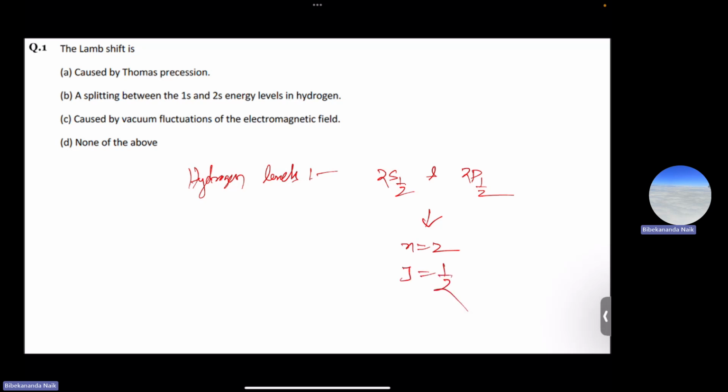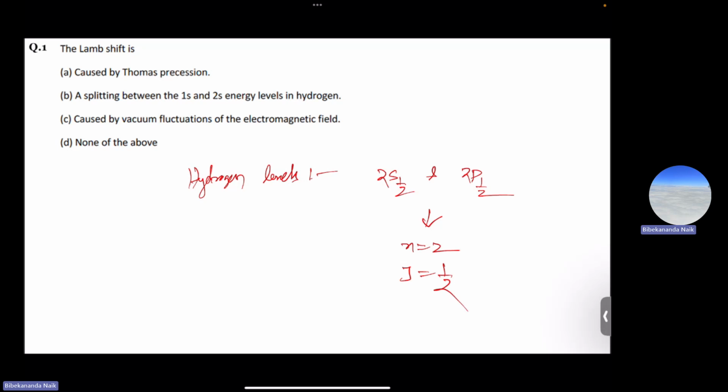And we know the energy depends upon the value of n. Again, if you talk about the arrangement of levels in case of LS coupling, they are arranged in terms of j values. So here they have the same n and the same j values, however they differ in their energies, which is called the Lamb shift.